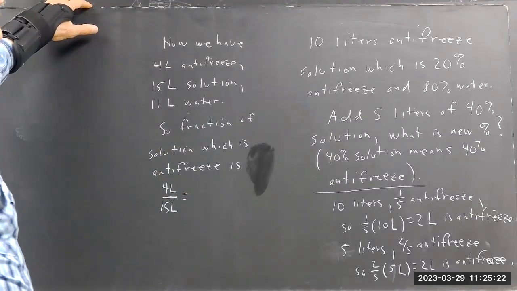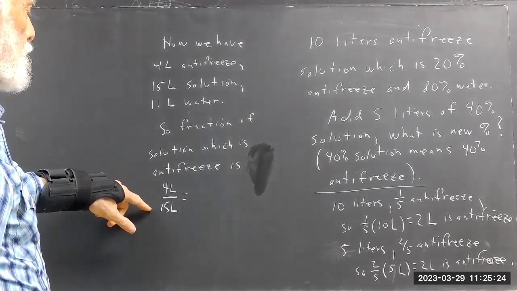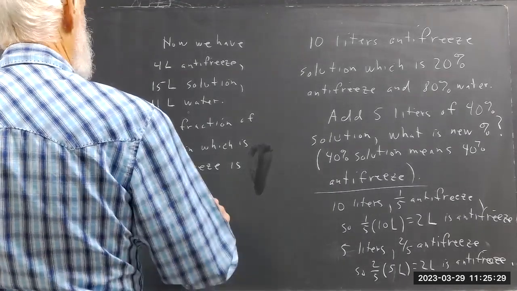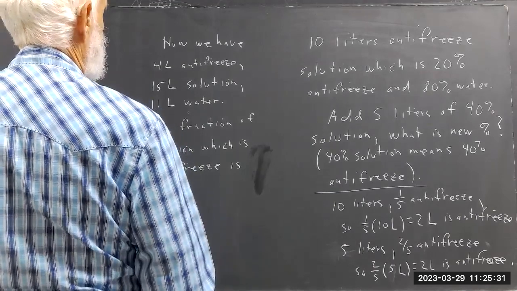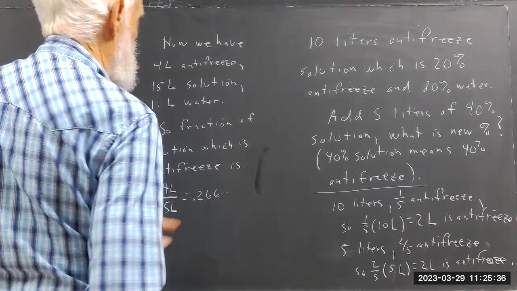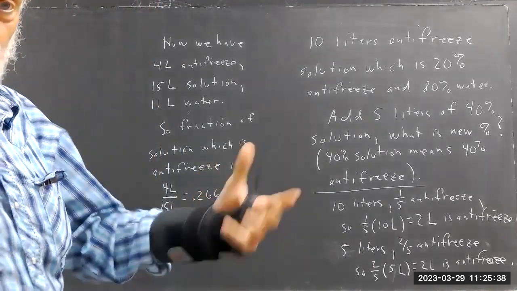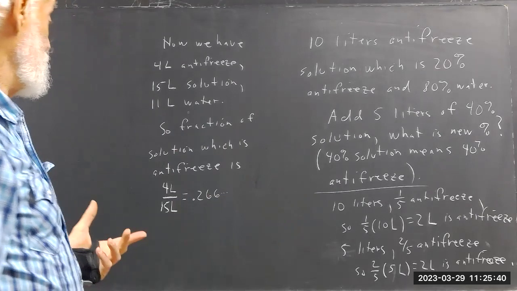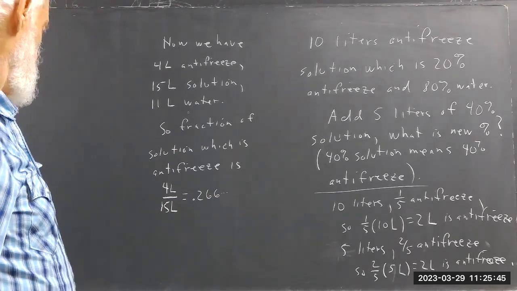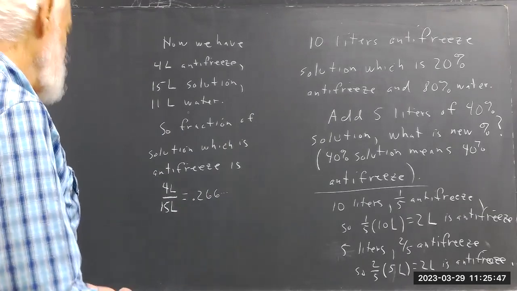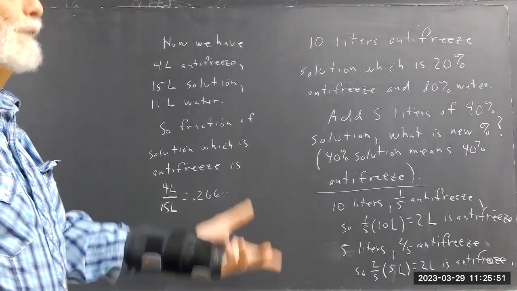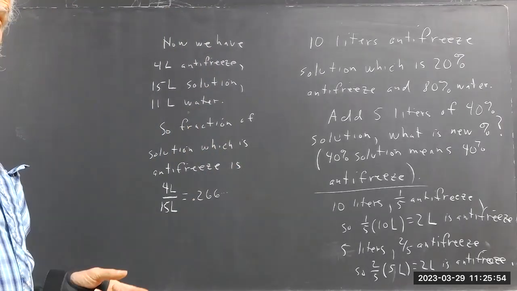Okay. And 4 divided by 15 is, well, 2.6 repeated. Wait a minute. 15 into 4, 4 into 15, couldn't go to that. 15 into 4.